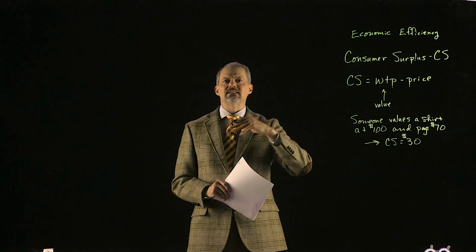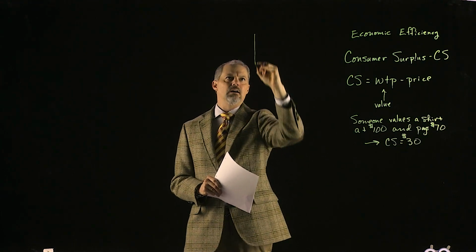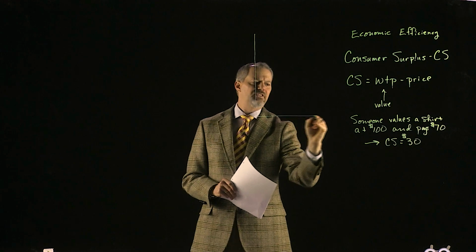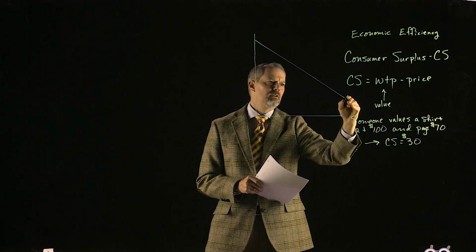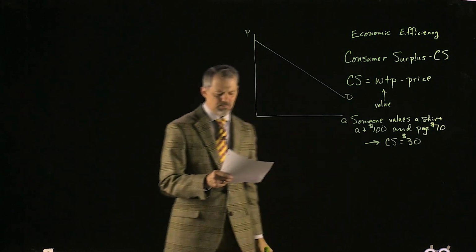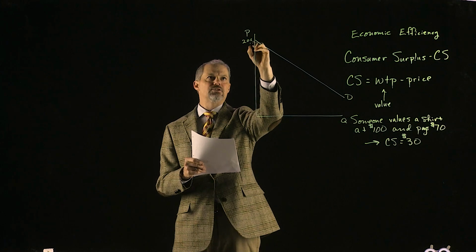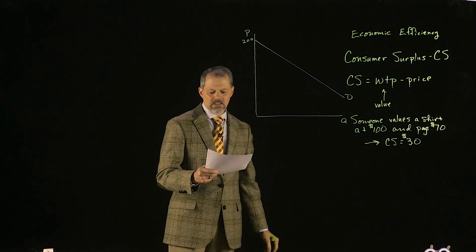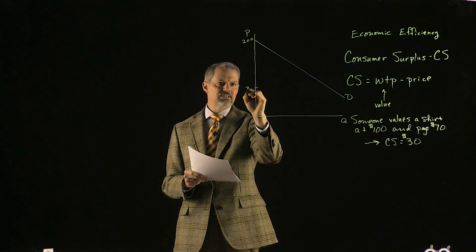If we're interested in the total amount of surplus, say, in a market, then we would be thinking about, if we have, say, a demand curve. Let's suppose we've got a demand curve, and let's suppose our choke price up here is $200. Let's suppose the price is, say, 70. So here's 70.